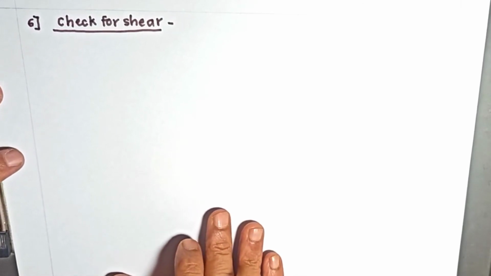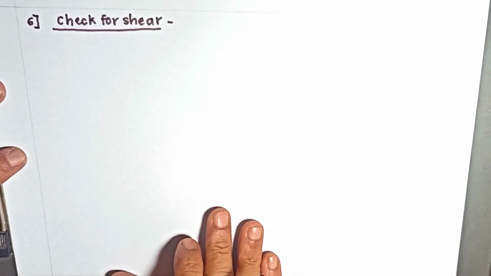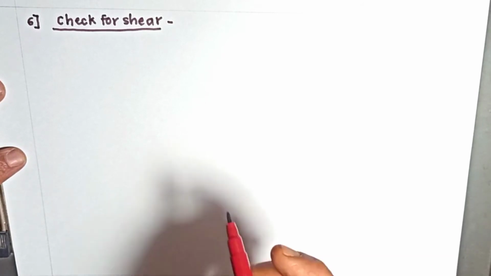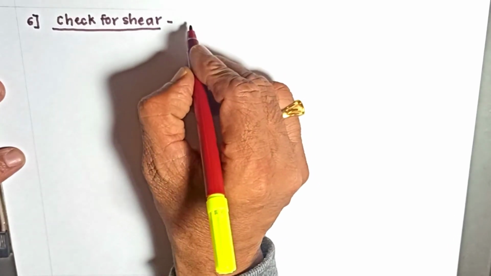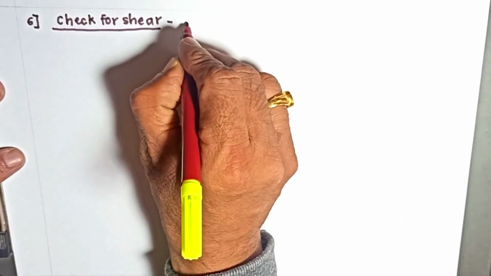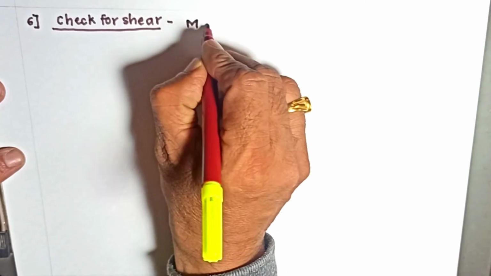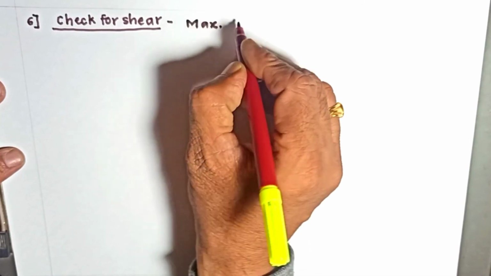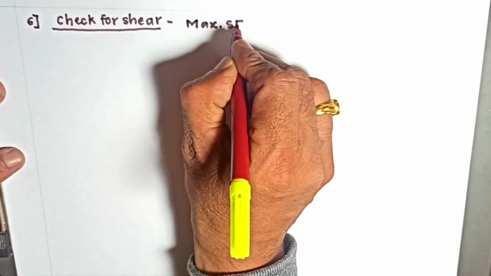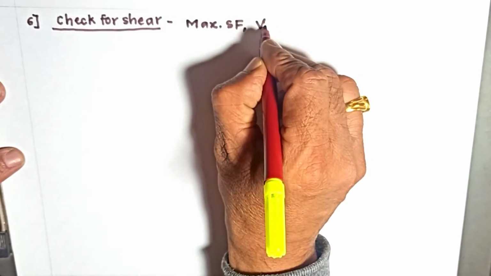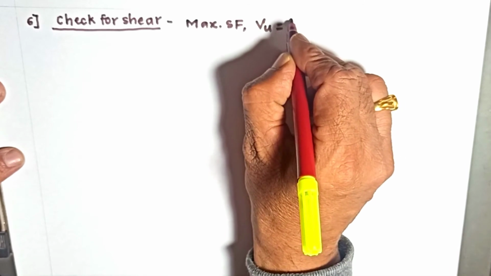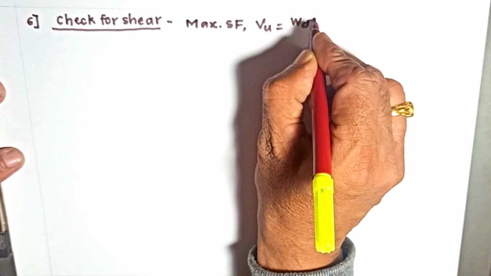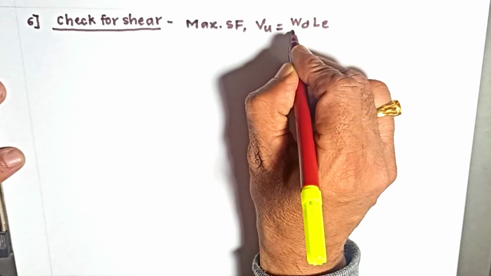Now, we know that this simply supported beam carries a UDL, that is a design load of 12.75 kilonewton per meter over an effective span of 3.12. So what is maximum shear force? So maximum shear force VU is equal to WD into LE upon 2.